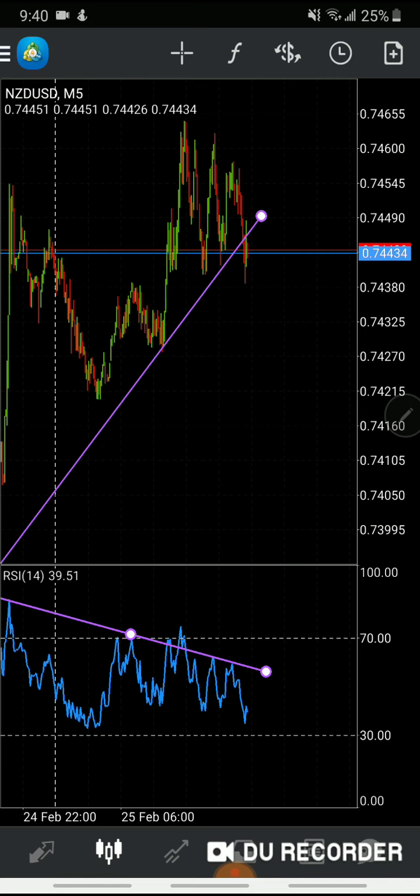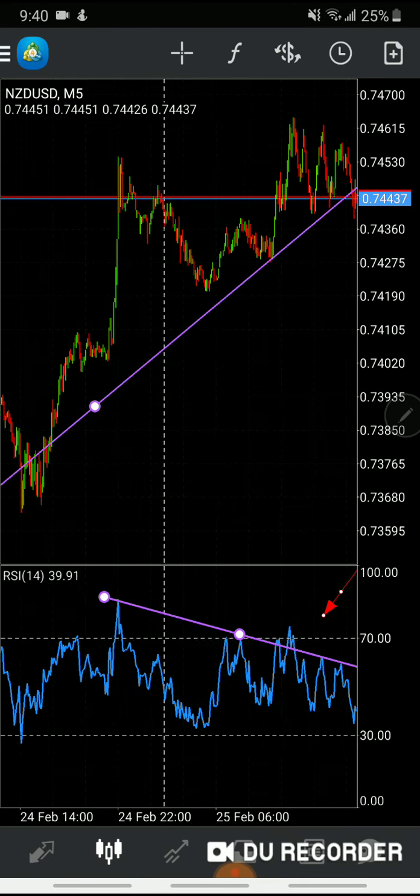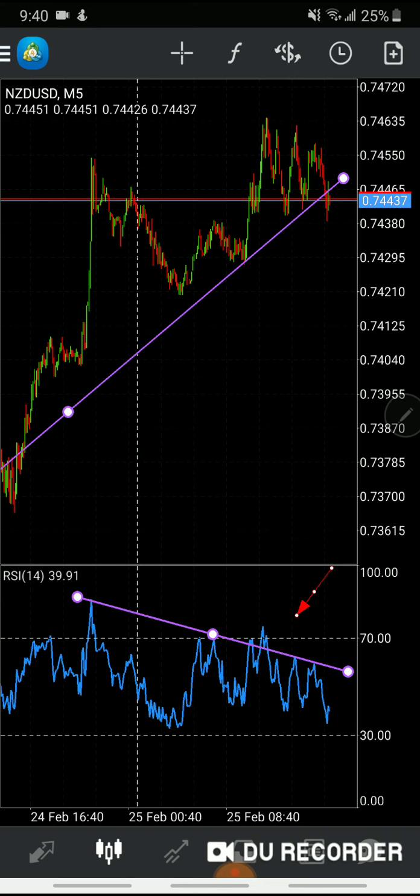Right, so the indicator is pointing down, and the charts, the candlesticks, are pointing upwards, right?